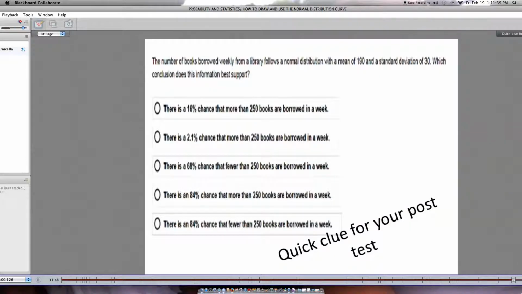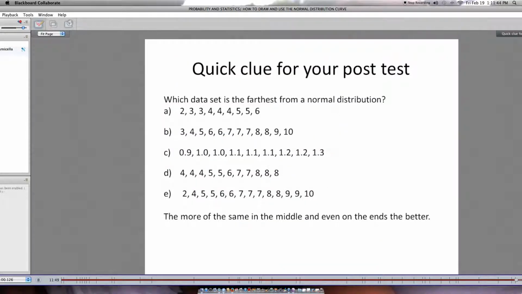The last thing I want to go through is a quick clue for a test question that I keep seeing. Make sure that when you see a question like this, you look at the middle of each of your data sets once it's lined up in order. Make sure everything's in order. And then you look at the middle, and the more of the same number that you see in the middle, the more of a normal distribution curve it is, as long as things are kind of even on the sides.